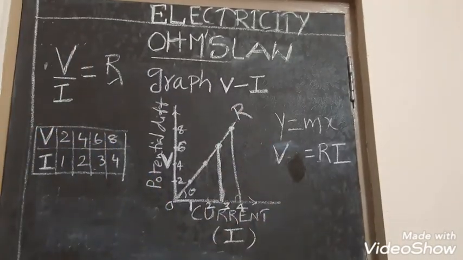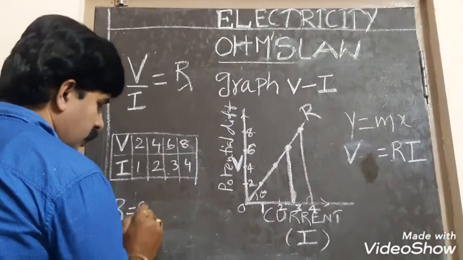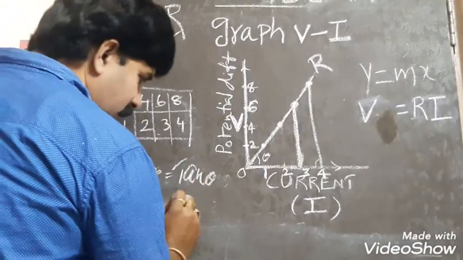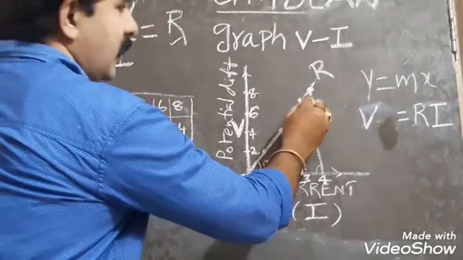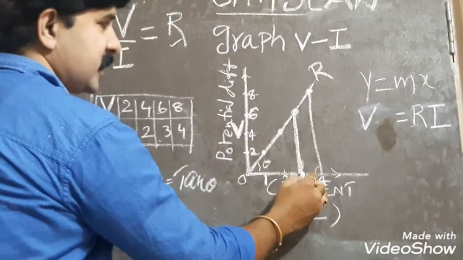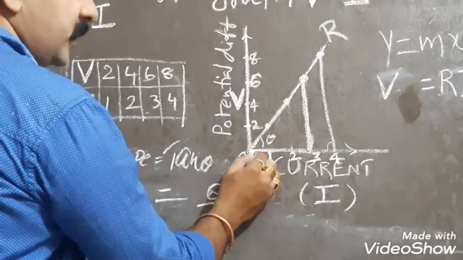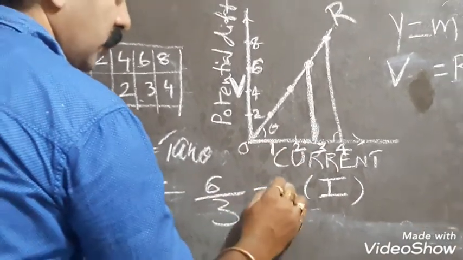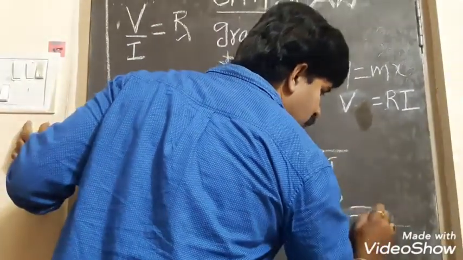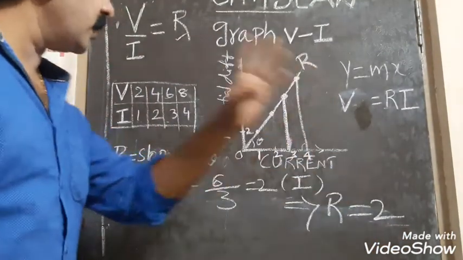R is equal to slope is equal to tan theta, which is opposite side by adjacent side. What is the opposite side? 6 units. 6 by, what is the adjacent side? 3 units. 6 by 3 is equal to 2. So we find here also R is equal to 2. In the first instance also we got R is equal to 2, and here also R is equal to 2.